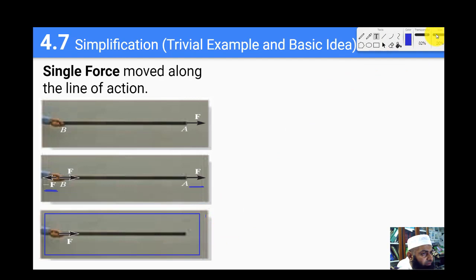Okay, so let me just write that down for us. So this is equivalent system. Okay, so this third picture, so again equivalent system in the sense that all the external effects produced by this force F are going to be the same as being produced by this force F acting at this other end.